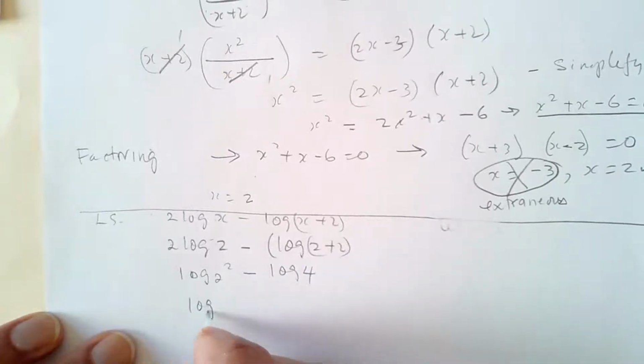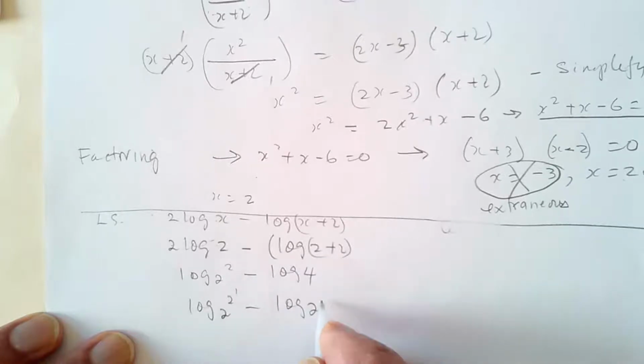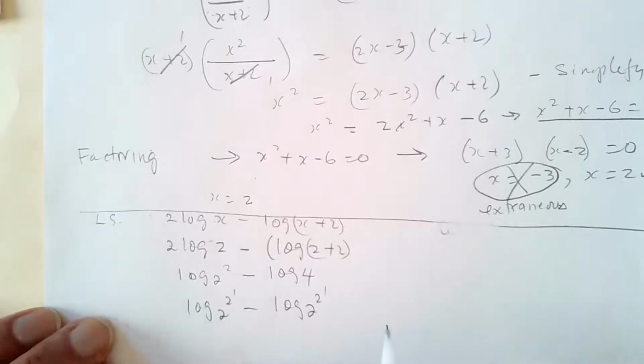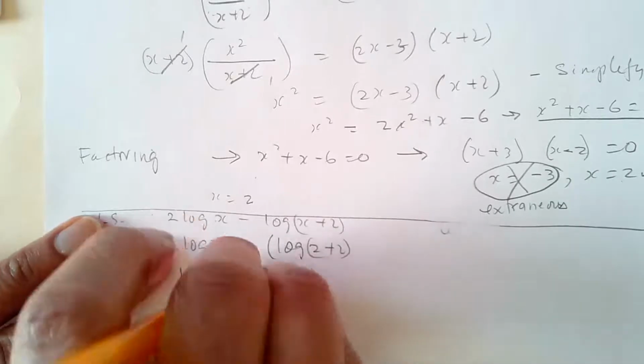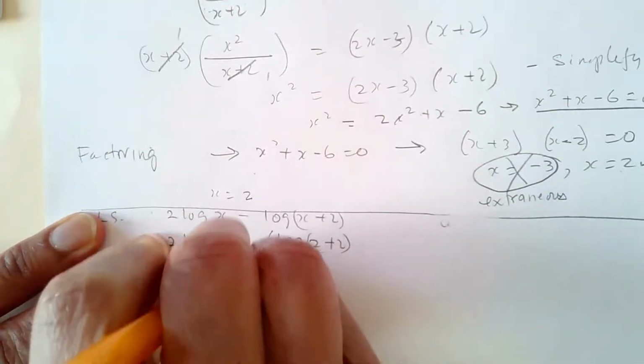So we have log 2 to the 2, which is 4, minus log 2 plus 2. Okay, we're working in base 10. Sorry, that makes it much easier than I thought.